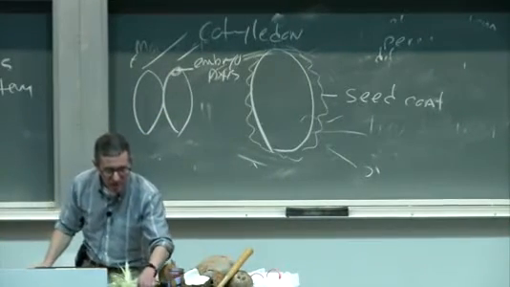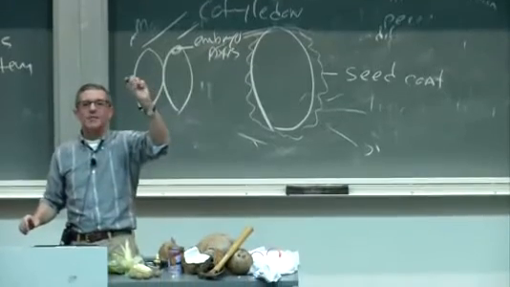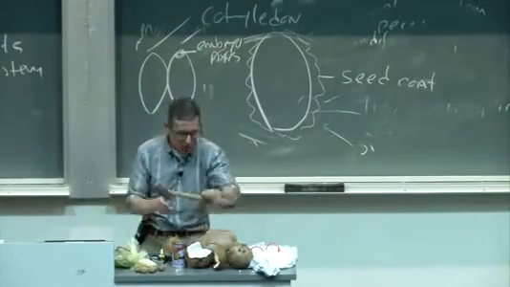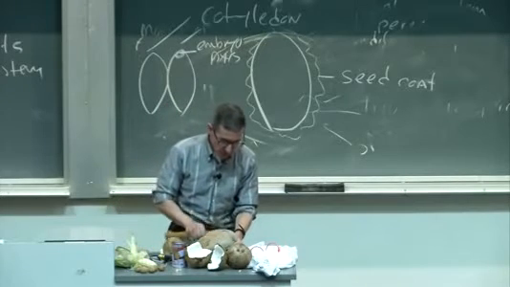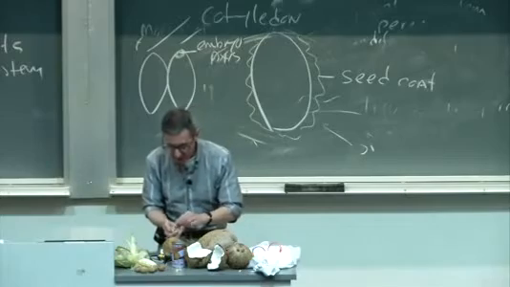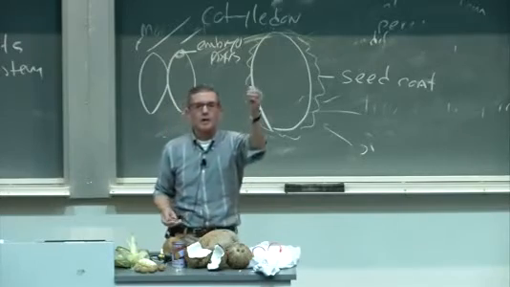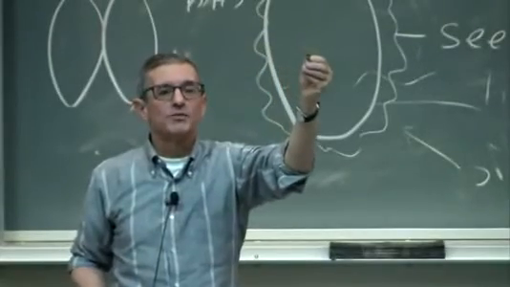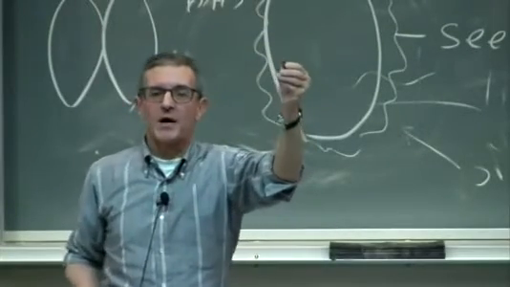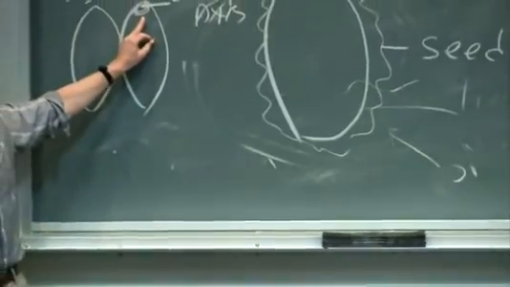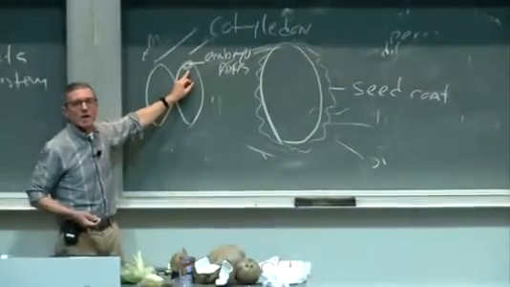When you eat something like a walnut, again, the hard outer coating of the walnut is part of the ovary wall. And so if we open the walnut up and look on the inside, the things that you eat are cotyledons. This provides the nutrition for humans, but more importantly, it provides the nutrition for the developing embryo until the plant is able to photosynthesize.